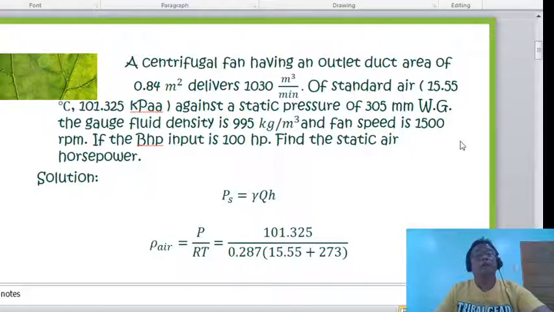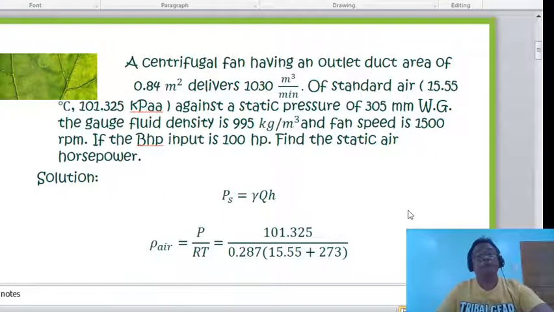A centrifugal fan having an outlet duct area of 0.84 square meter delivers 1030 cubic meter per minute of standard air, so 15.55 degrees Celsius and 101.325 kilopascal absolute, against a static pressure of 305 millimeter water gauge. The gauge fluid density is 995 kilogram per cubic meter and fan speed is 1500 RPM.